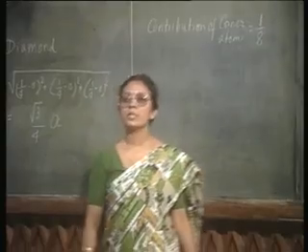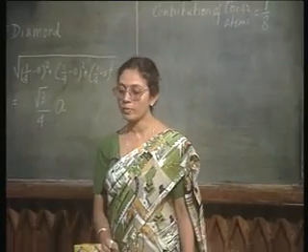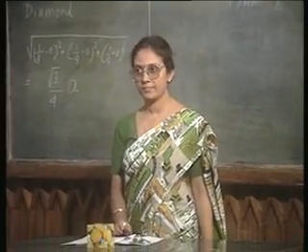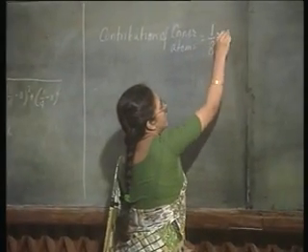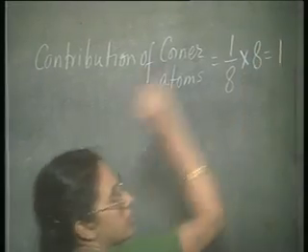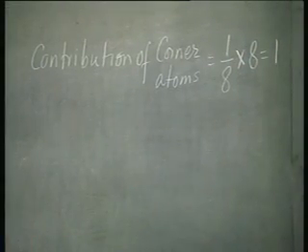One-eighth for each corner atom, and how many corner atoms do I have? 8. Therefore, the total contribution is 1/8 into 8, that is equal to 1.